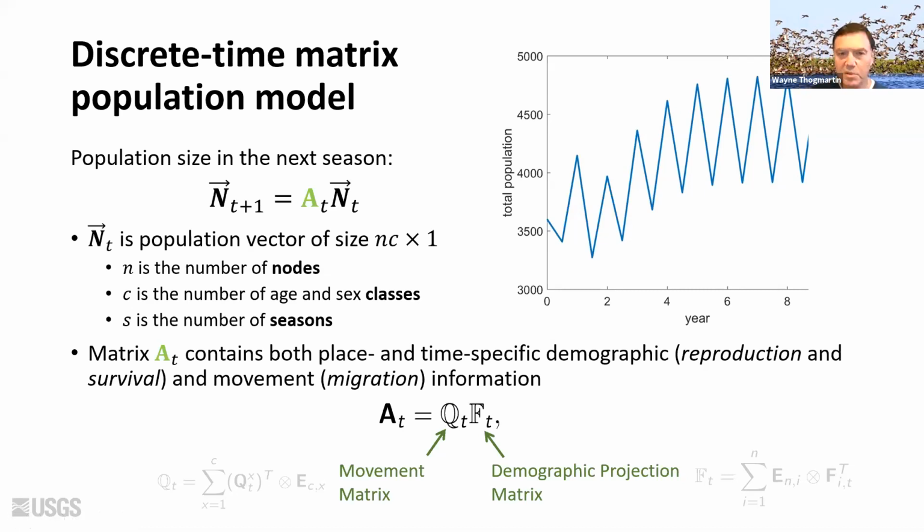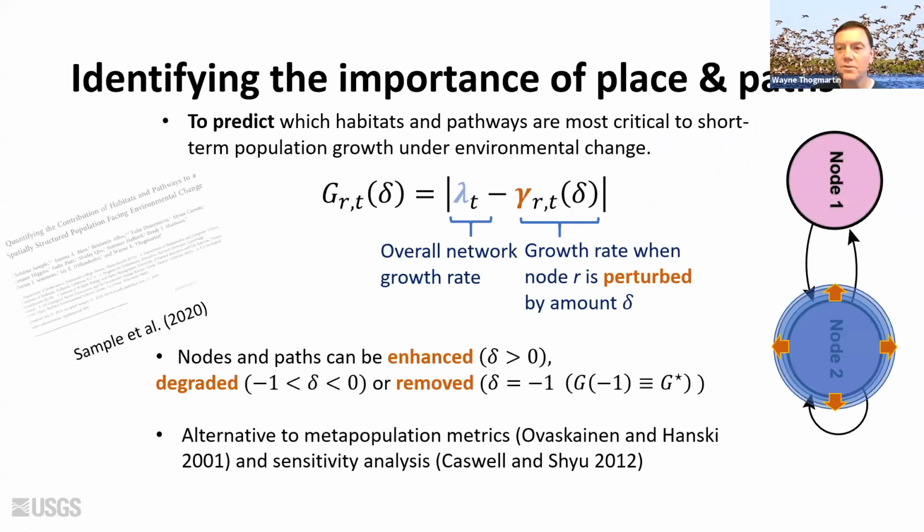Once we have that in place, the next step is to use it to help predict which habitats and pathways are most critical to the short-term population growth under environmental change. To calculate that, we create this G metric that we've devised.